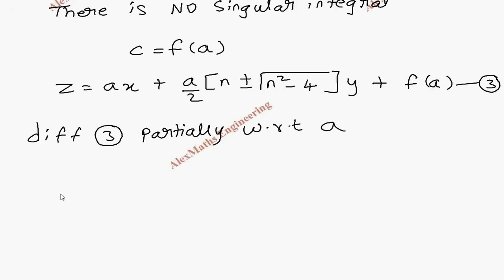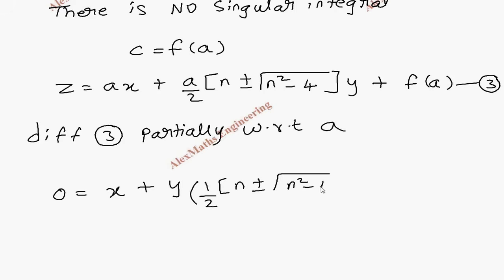So this will become 0, here x is constant and here y is constant, and here a is a variable. So a derivative is 1. So we have 1 and denominator 2 as it is, and all these n terms are constant, that is n plus or minus root n square minus 4 is fully constant, and the last term is f dash of a. Let's keep this as the fourth expression.